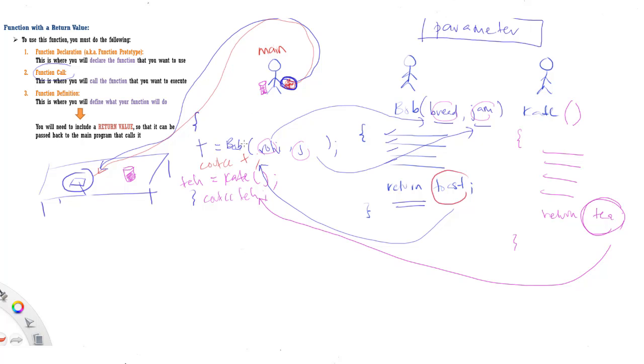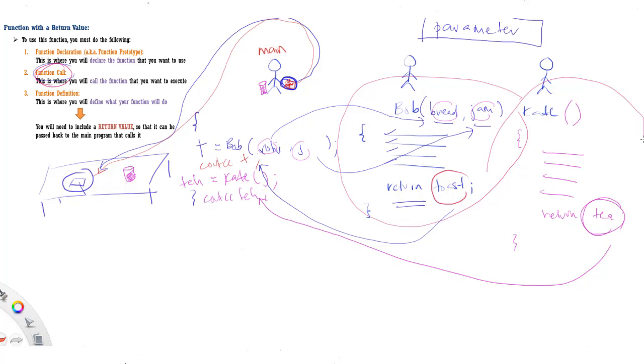Again, whenever you need something, whenever you need the function to do something, you just call it. So this is known as a function call. Now, we have function definition, right? It says here function definition is where you will define what your function will do. So this is your function definition.